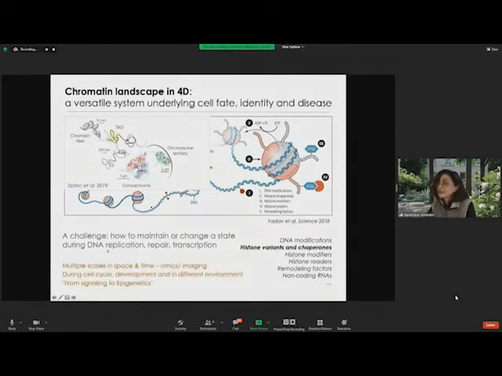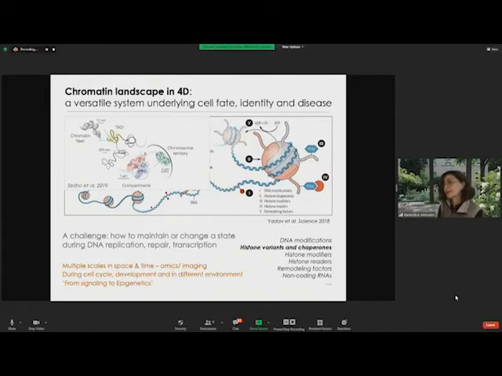Clearly there are multiple scales to consider in space and time, and there are now many possibilities to access information using both omics and imaging approaches. In my talk, I would like to illustrate the imaging aspect a little more. Here you can try to understand how this organization can change during the cell cycle, during development, and in different environments.